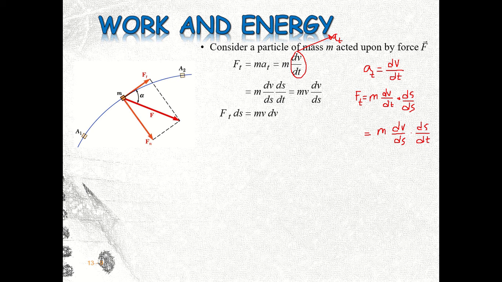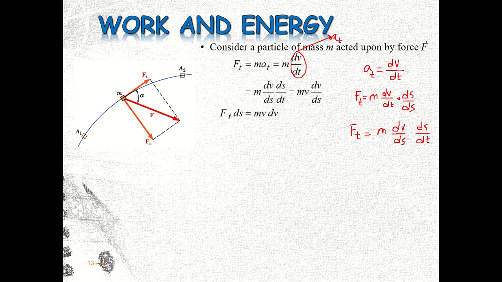So instead of dv divided by dt, we divide it by ds, so dv over ds. And then ds, instead of divided by ds, we divide it by dt. So we're just rearranging the position of ds and dt. Okay, the reason why we're doing that, class, is so that we can manipulate the given expression.